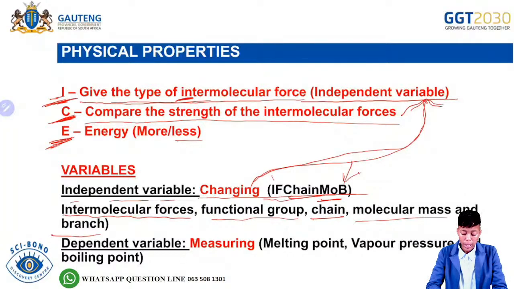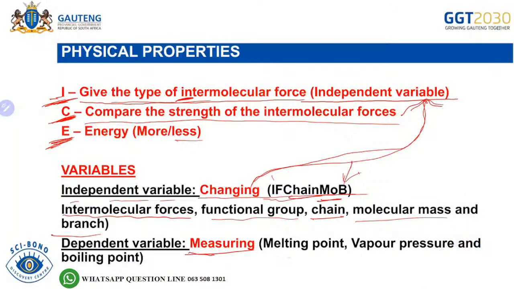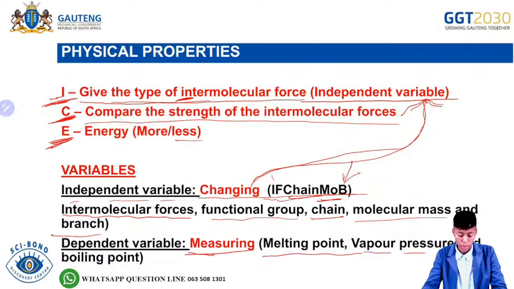Then we have your dependent variables, which is whatever you will be measuring: your melting point, the vapor pressure, and the boiling point.